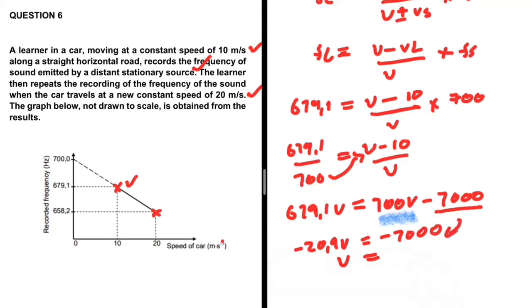We bring it here and we take this to the left hand side. Right, so it is minus 7,000. I was surprised. My answer was not making any sense. So V is equal to 334.93 meters per second. And there we go. We have our speed of sound in air.